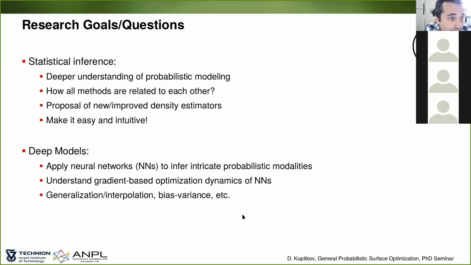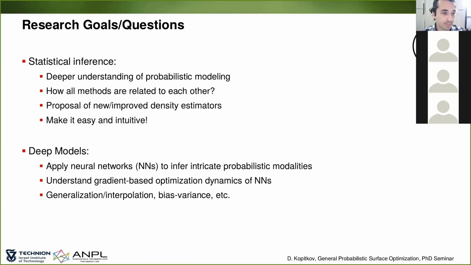Now, the goals of my research that I put before myself when I began this work were directed in two main topics. Statistical inference, where I would like to understand a deeper relation between different probabilistic modeling methods, how they are related to each other, proposing a new objective function which may be better than the existing ones.